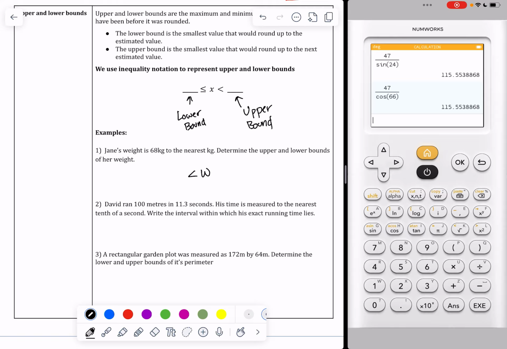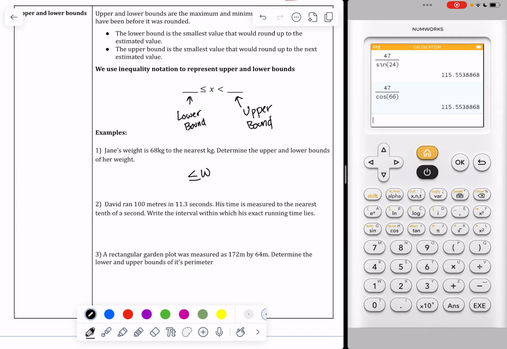I know that if she weighed 67.9, that would round to 68, 67.8 would round to 68, 67.6 would round to 68, 67.5 would round to 68, but anything lower, 67.4, for example, would round down to 67.